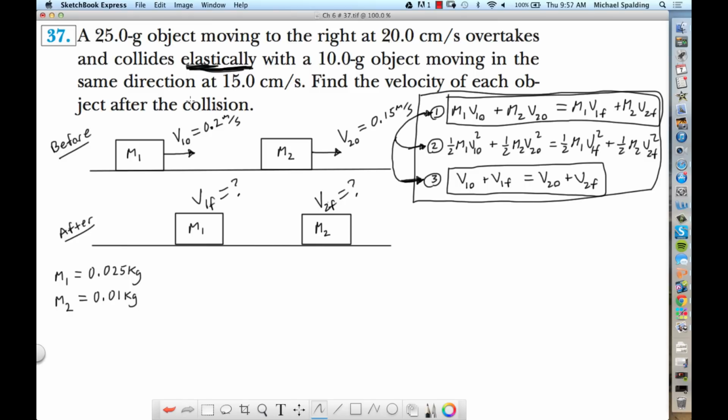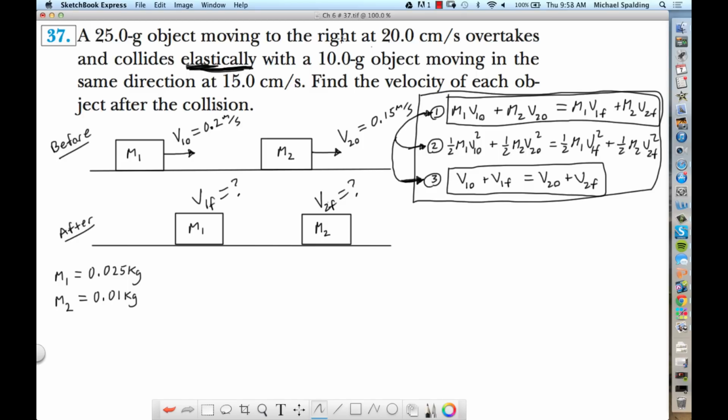Now, as if this problem's not difficult enough, they give it to us in grams and centimeters. Look, it really doesn't matter. For this problem, you could leave this in grams and centimeters. It's fine, because you're going to end up getting ratios anyway. It's not like you're solving for a Newton or a joule or anything like that.